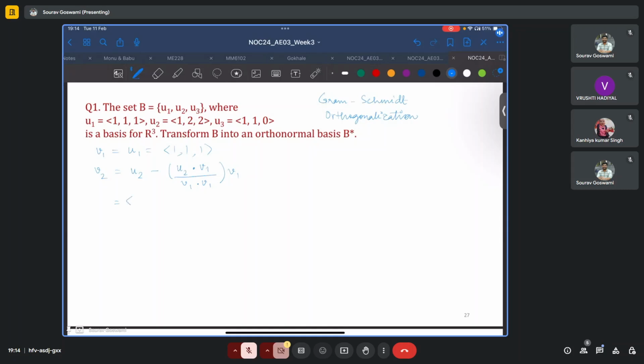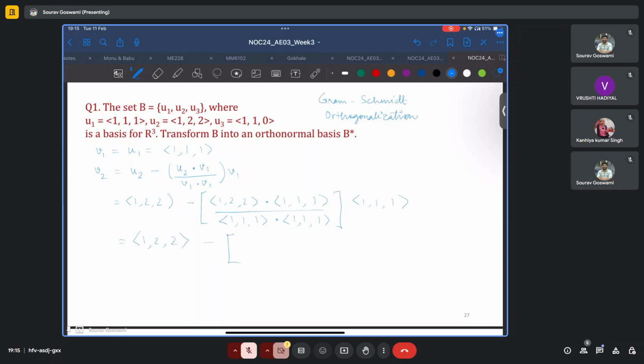So U2 is 1, 2, 2 minus 1, 2, 2 dot V1, which is simply 1, 1, 1, by 1, 1, 1 dot 1, 1, 1 times V1, which is again 1, 1, 1.